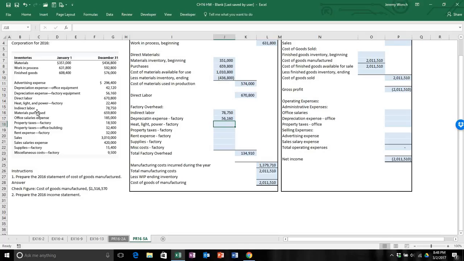We've got heat, light, and power for the factory of 22,460. We've got property taxes, 18,500. We have our rent expense for the factory, 32,000. We've got supplies at 15,400, and then it gives us miscellaneous factory cost of 9,500. So the total overhead that was incurred during the period is 232,770.